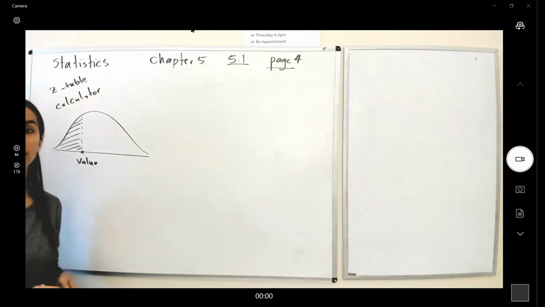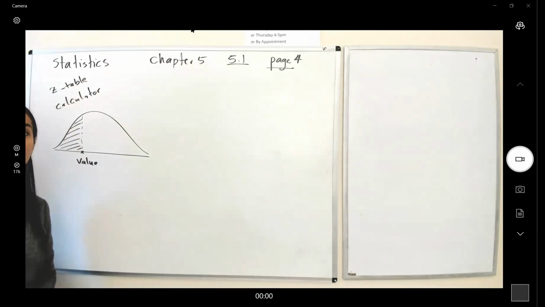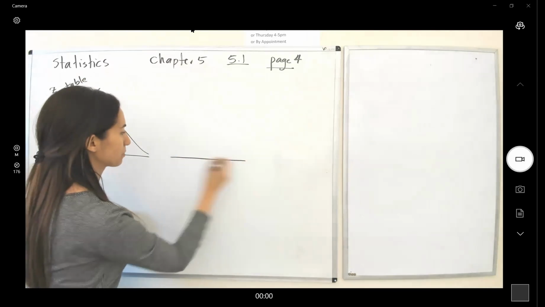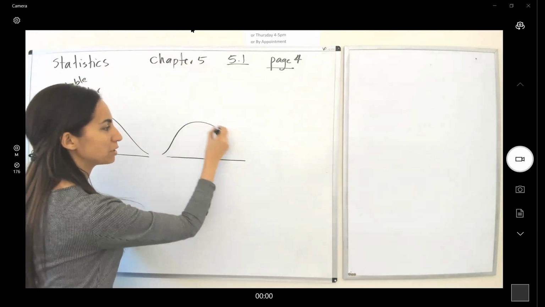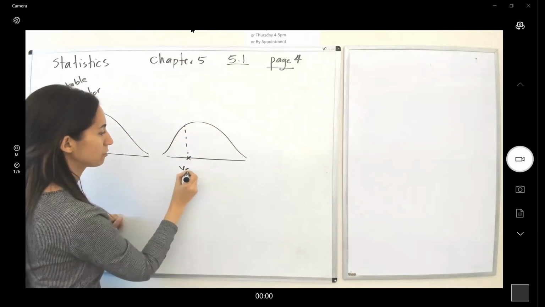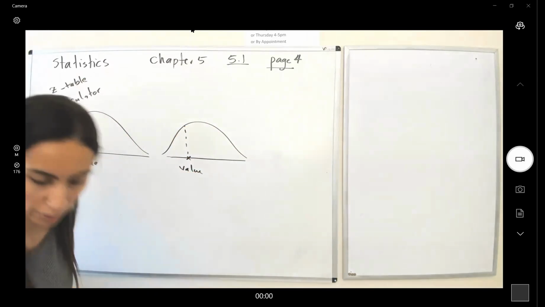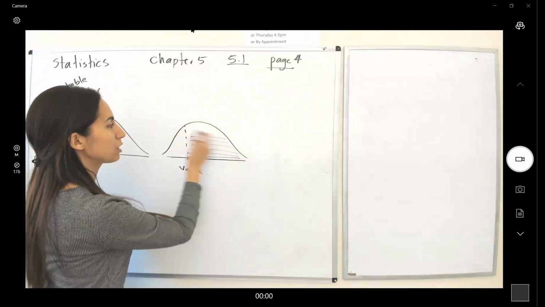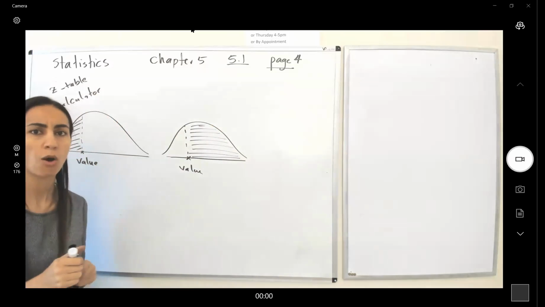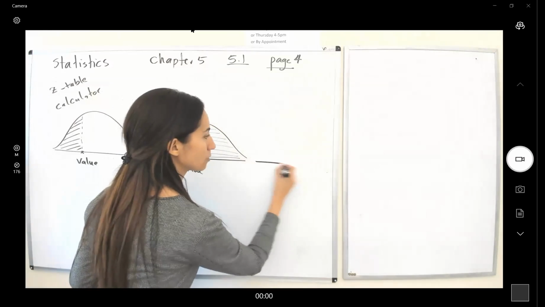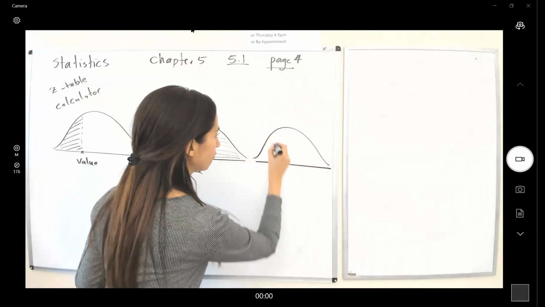Now I expect you to ask, what if I want to find the area or cumulative probability on the right-hand side? What about in between? Suppose I have my value here, and my goal is to find the cumulative area on the right-hand side. What if I want to find the area in between two values, value 1 and value 2?